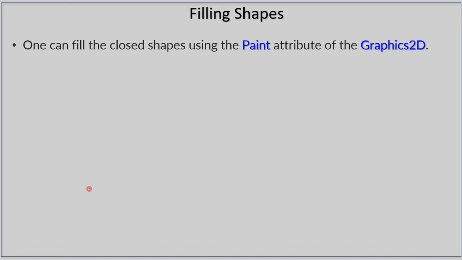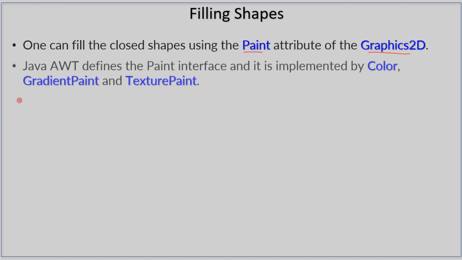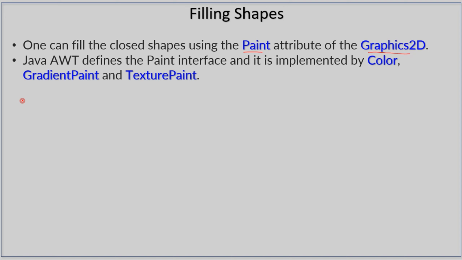One can fill the closed shapes using the paint attribute of the Graphics2D. Java2D defines the Paint interface, and it's implemented by the classes Color, GradientPaint, and TexturePaint.